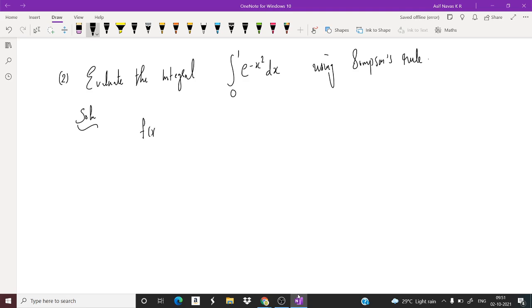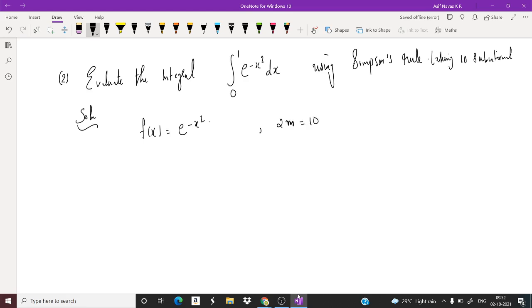So in order to use Simpson's rule, here f of x is e raised to minus x square, and Simpson's rule is taking 10 subintervals. So we have been given 2m is equal to 10.